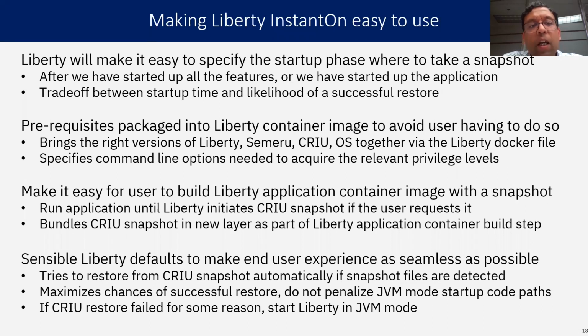The first thing is at the Liberty layer, we make InstantOn easy to use by just introducing a command line switch to specify the startup phase where you want to take a snapshot. So it's as simple as just saying, I want to start up Liberty, I want to take a checkpoint, and we give you two or three different options for when you can take the snapshot, and you just pick one of those options. So it's that simple, as I'll show later in the demo as well.